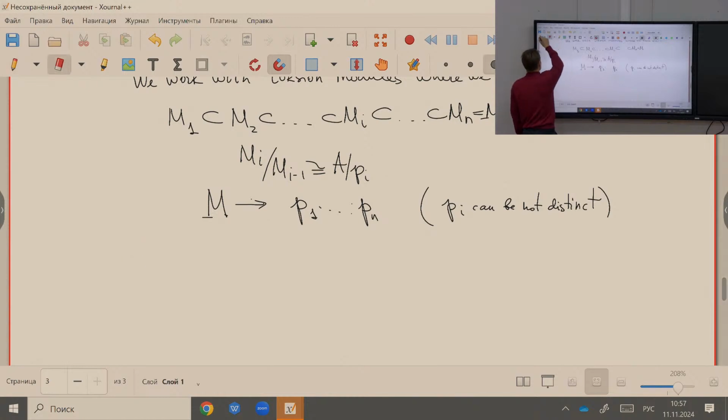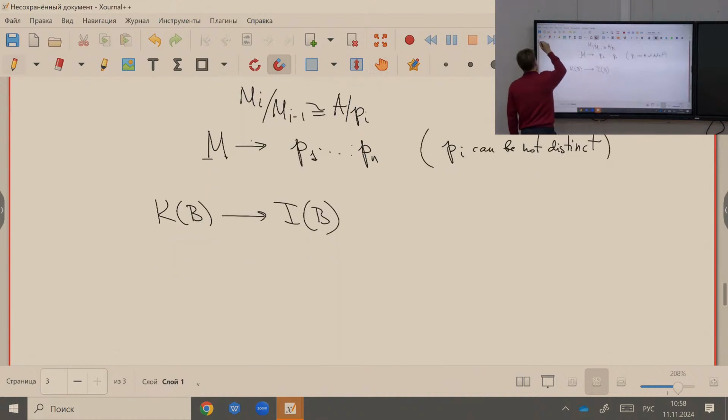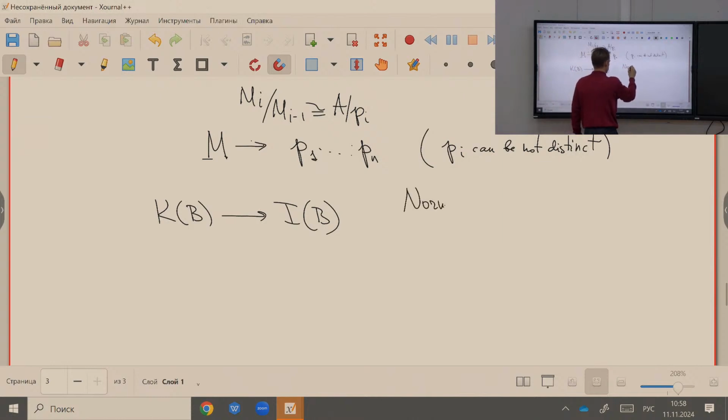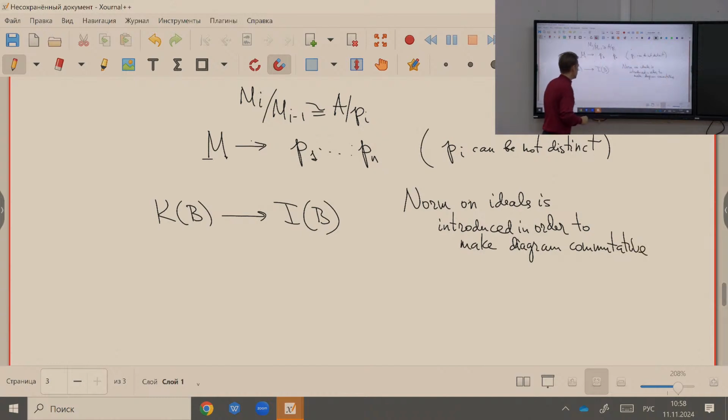And note why we introduce the norm. I claim that the norm on ideals is introduced in order to make this diagram commutative, via restriction.